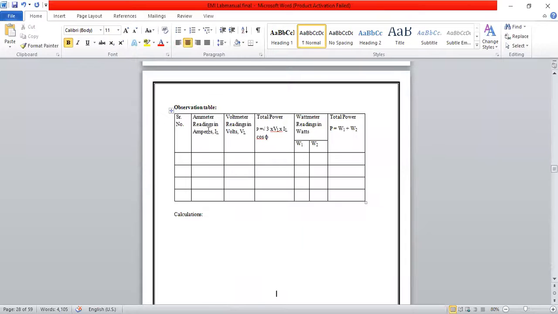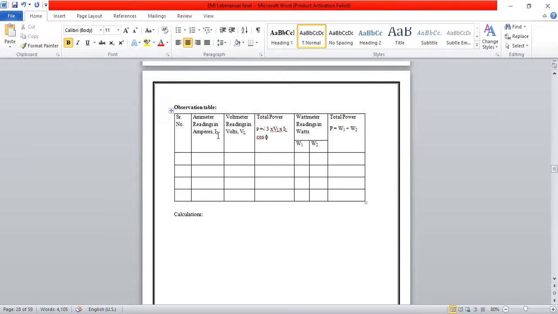See here, ammeter reading in amperes IL, voltmeter reading VL, total power P equal to √3 VL IL cos phi, wattmeter readings W1 W2. So this power equal to this, they have calculated here now.